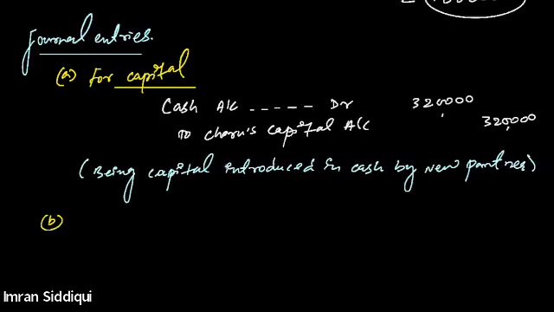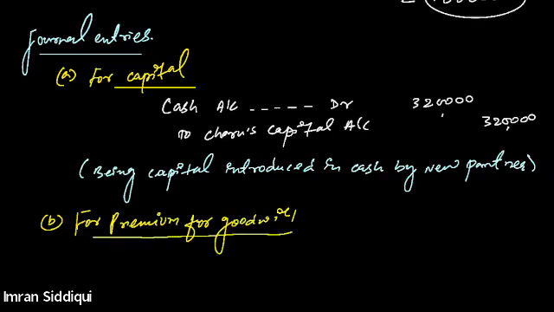Second general entry will be for premium for goodwill. This will be cash account debit to premium for goodwill.